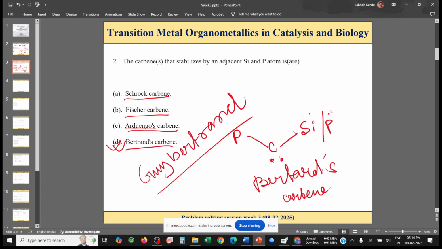Now we can also discuss the other three types of carbene. Let's start. First is Fischer carbene.